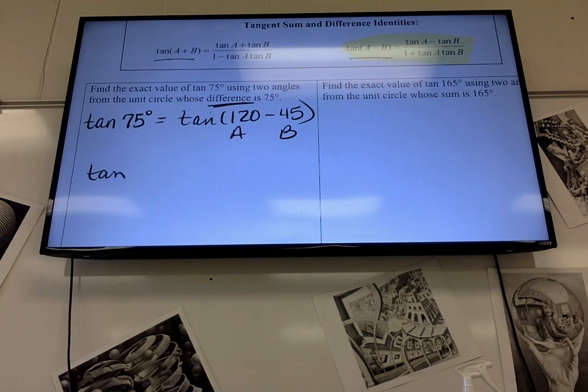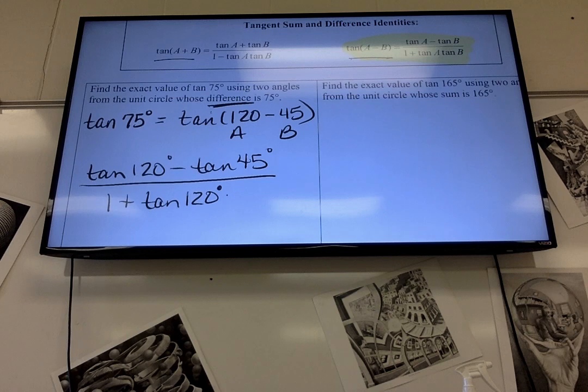That's the tangent of 120 minus the tangent of 45 over 1 plus the tangent of 120 times the tangent of 45.